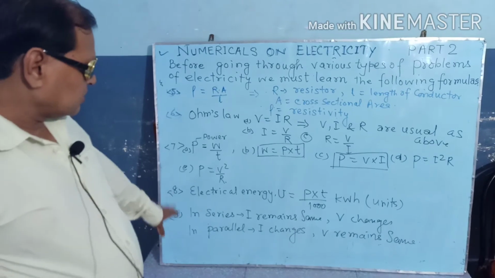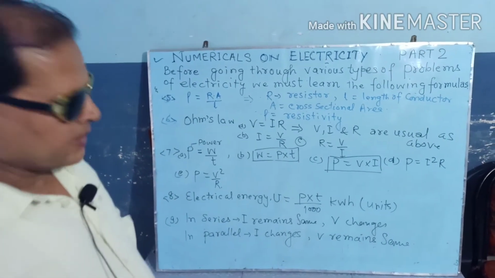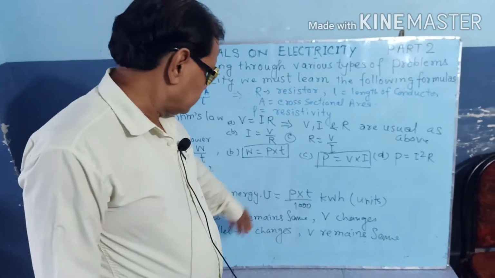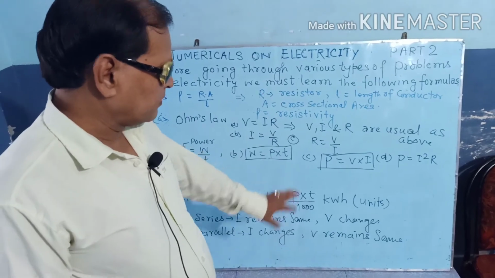Now come to the eighth important formula, electrical energy. Electrical energy, U is equal to P into T by 1000.